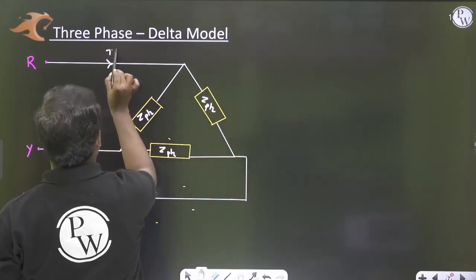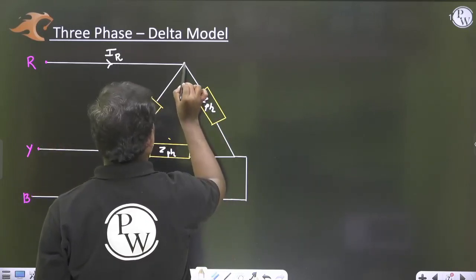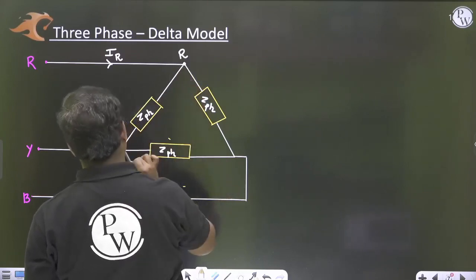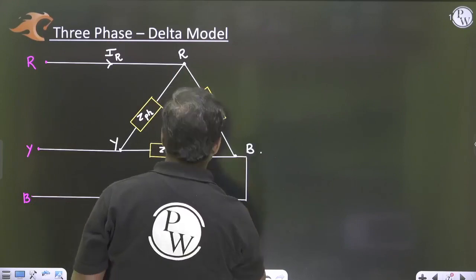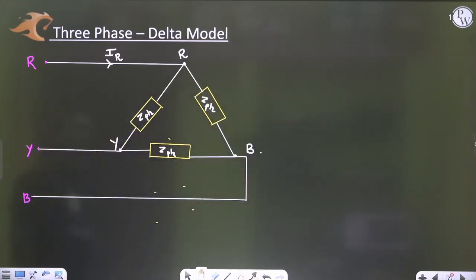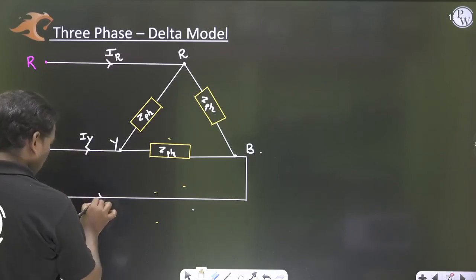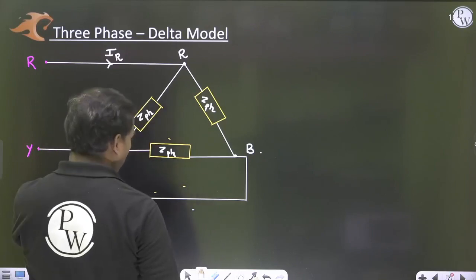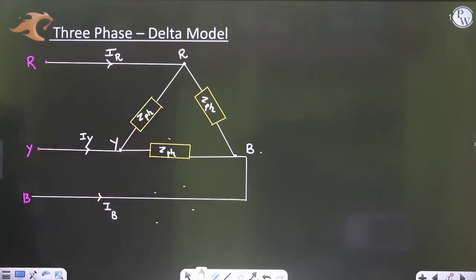And this is our current IR, and let's take this as R, Y, B. This is the IY line and this is the IB. Now how to understand the currents? The currents are splitting here.